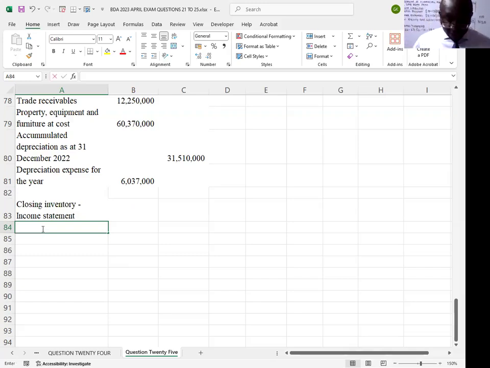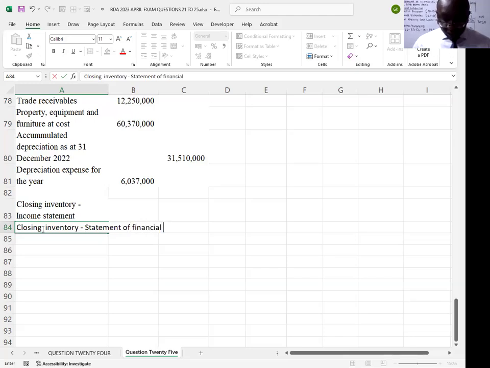Then we have the other one, the closing inventory that will go to the statement of financial position.